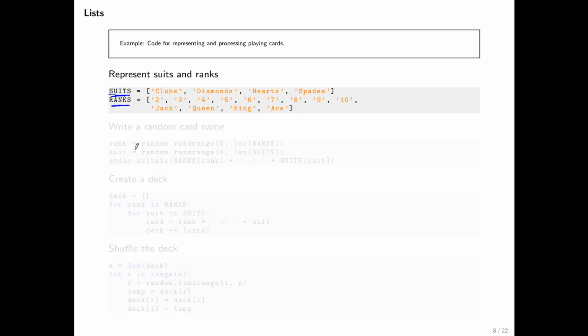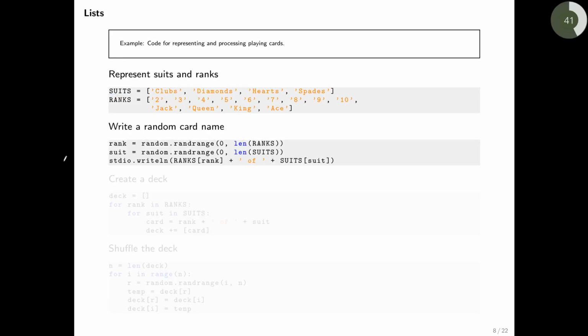Now let's say we want to write a random card name. So we have a standard deck, and we want to pick out a card at random and write it out. What's the Python code that would simulate that? This is how you would do it. You would first get a random rank by saying rank in lowercase, so that's a variable, equals random.randrange from 0 through the length of RANKS. What is the length of RANKS? It is 13.